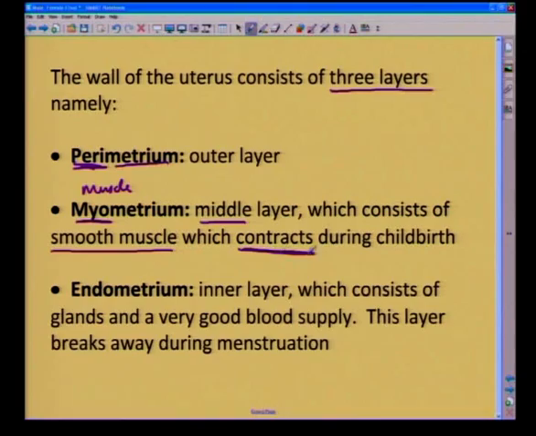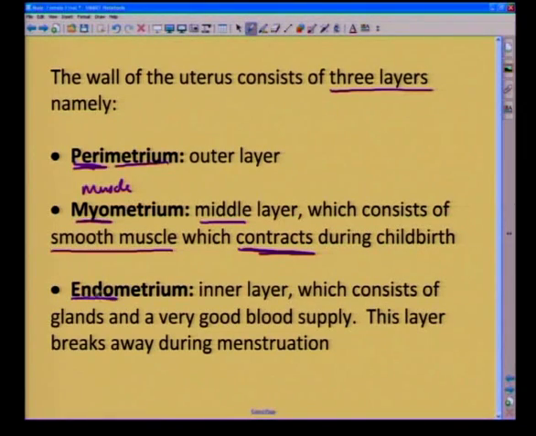These contractions are not regulated by your skeletal system. They are regulated by your hypothalamus and a hormone called oxytocin. And oxytocin is what causes the onset of the contractions to push the baby out in childbirth.